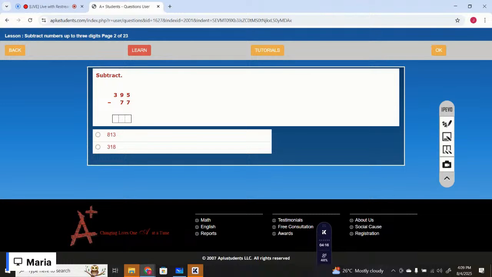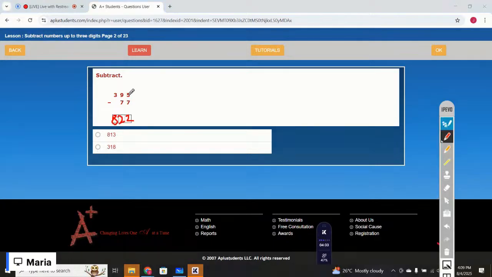The next one is 395 minus 77. So we cannot subtract 7 out of 5. So we need to borrow 1. Here we have 8 and here we have 15.